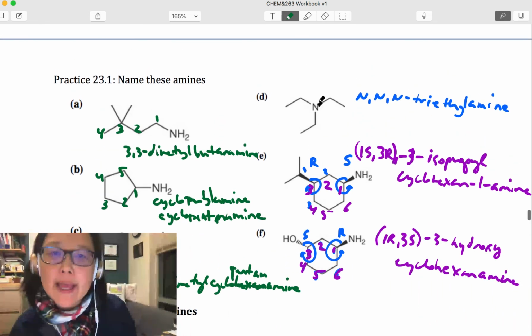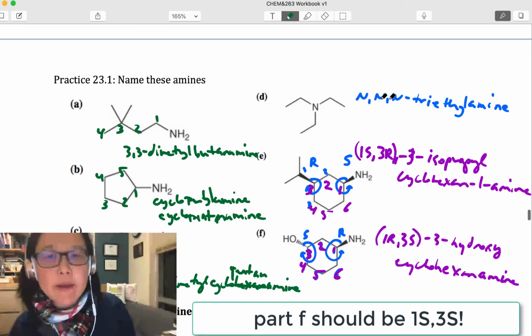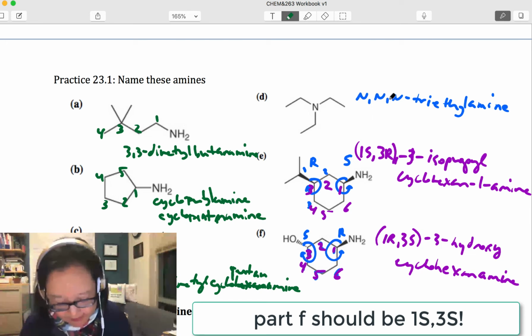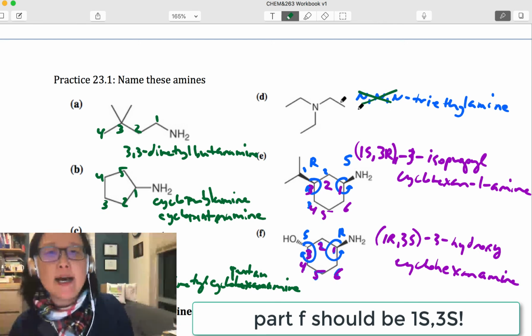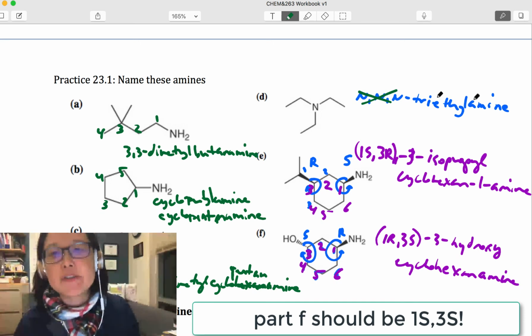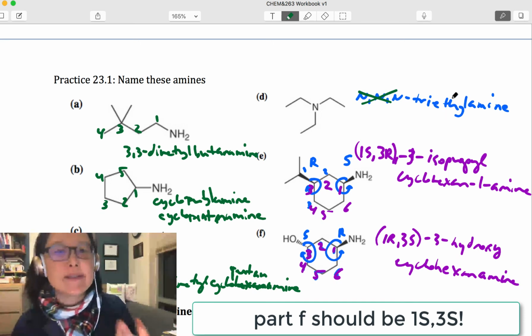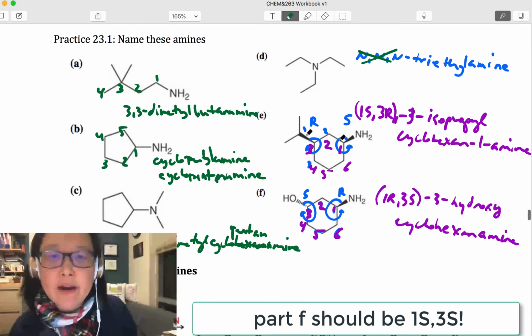Here, this is N,N,N-triethylamine, but we often drop the N,N,N just because it's sort of redundant. But if you have triethylamine, it means that you have 3 ethyl groups, so they must be coming off the nitrogen. So triethylamine is sufficient. And then this one, you have R and S here.